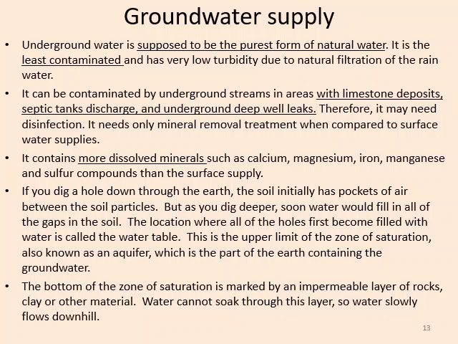It may be contaminated underground if there is a presence of limestone deposit, septic tank leakage, or underground deep well leaks. Therefore, it should be treated by disinfection. It needs only mineral removal treatment when compared to surface water.